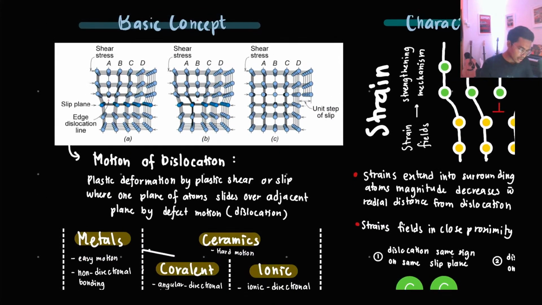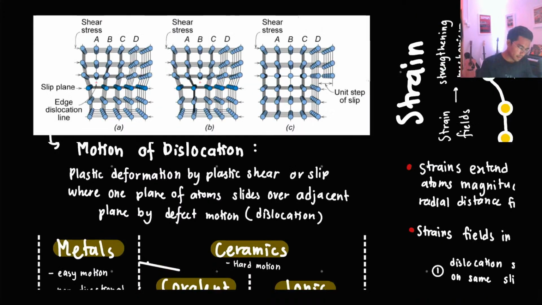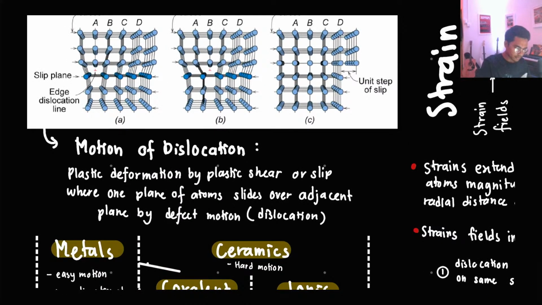So dislocation is plastic deformation by plastic shear or slip, where one plane of atoms slides over an adjacent plane by defect motion. It means that if one plane has a different atom bonding with another plane, it would have a dislocation.